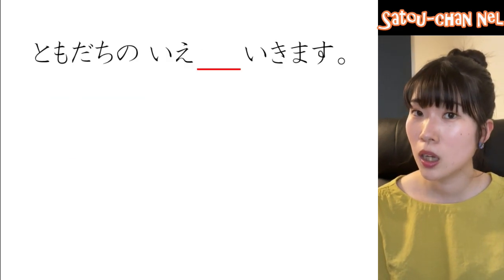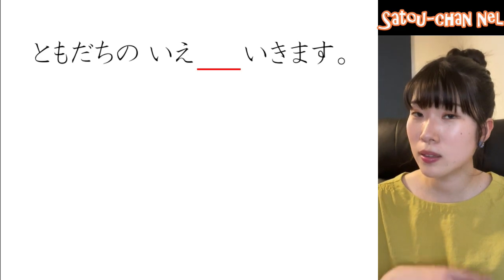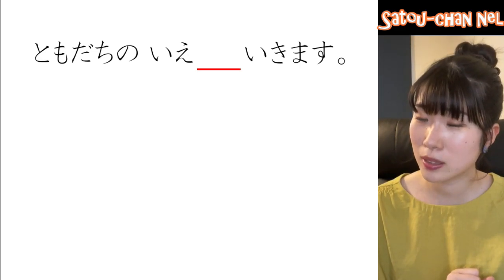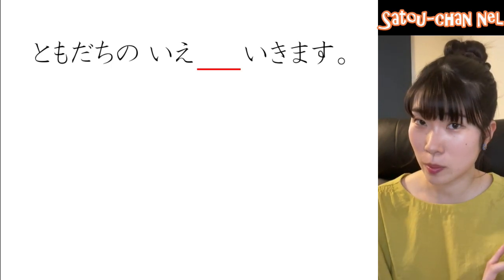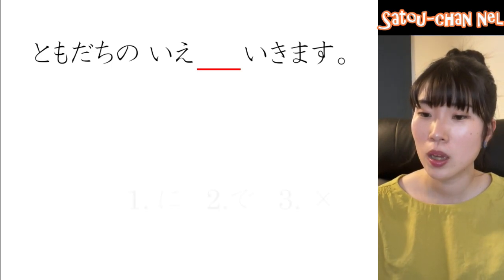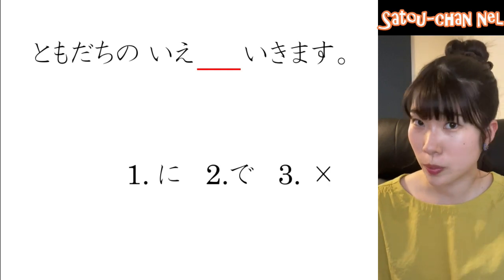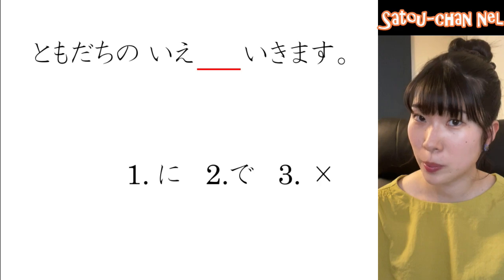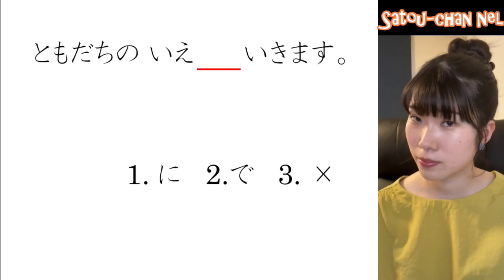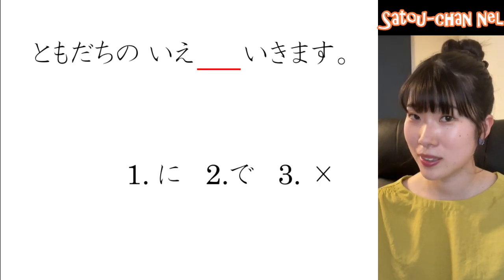Next one. 友達の家 something 行きます. Which particle should we put? Or nothing? Do you remember what 友達 means? 友達 is an important word.